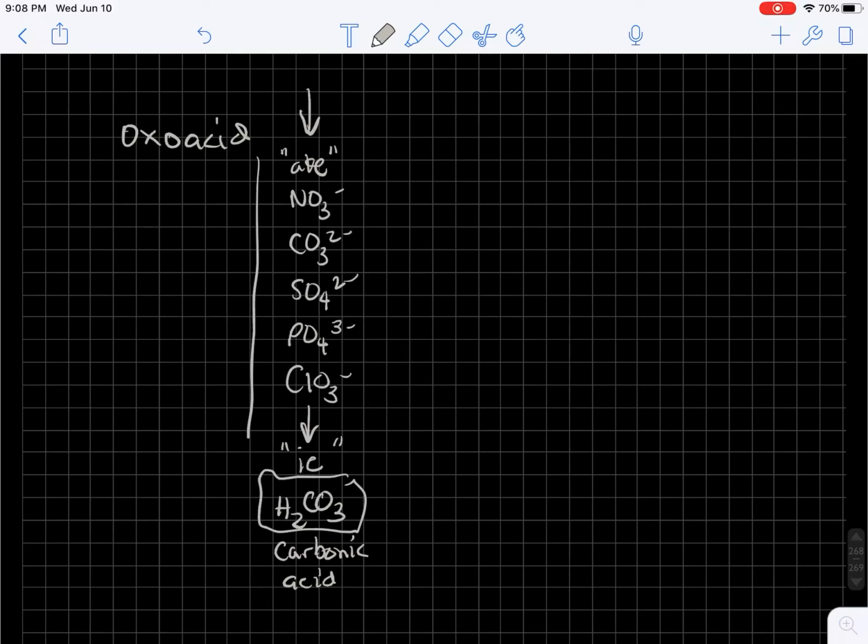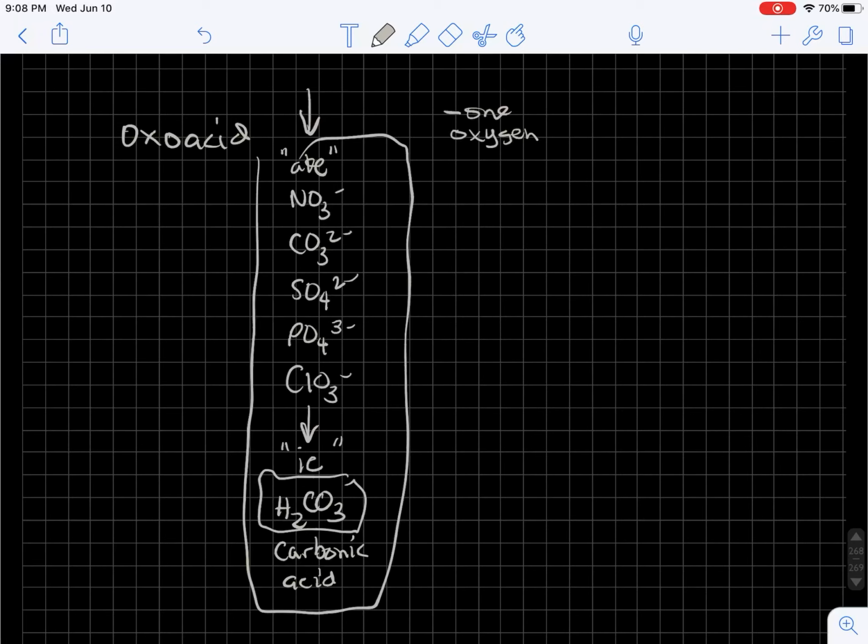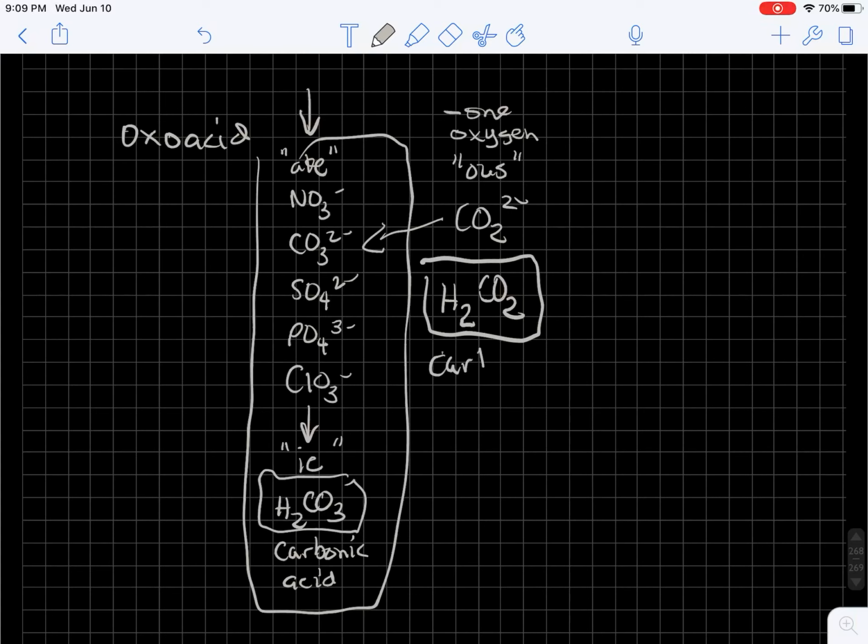So if you take the formula for the ones you memorized and you subtract 1 oxygen, instead of using the term ic in the name, we're going to use the term us. So if it comes from CO2 2 minus, well, that looks almost exactly like CO3 2 minus, except it's got 1 less oxygen. So the acid that comes from that, H2CO2, instead of carbonic, would be called carbonous acid.